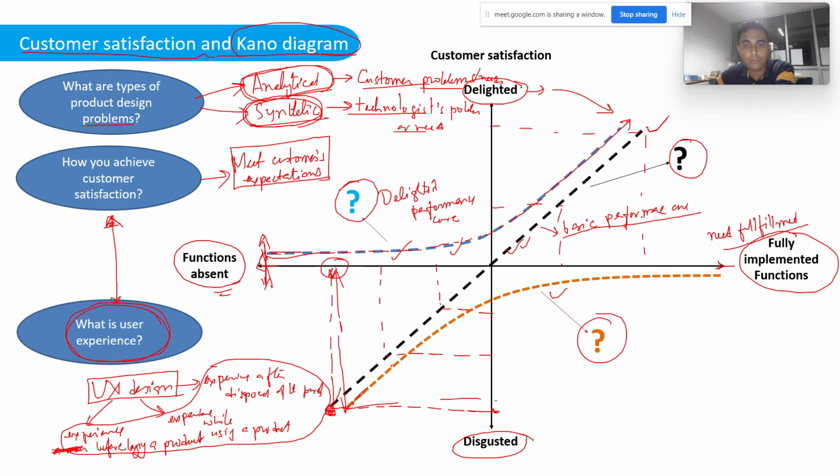But even if you give all the functionalities or satisfy all the needs, still you do not get a delighted experience, still you are neutral. So these are certain product categories. These three curves represent the customer satisfaction behavior with respect to product function or product need satisfaction.